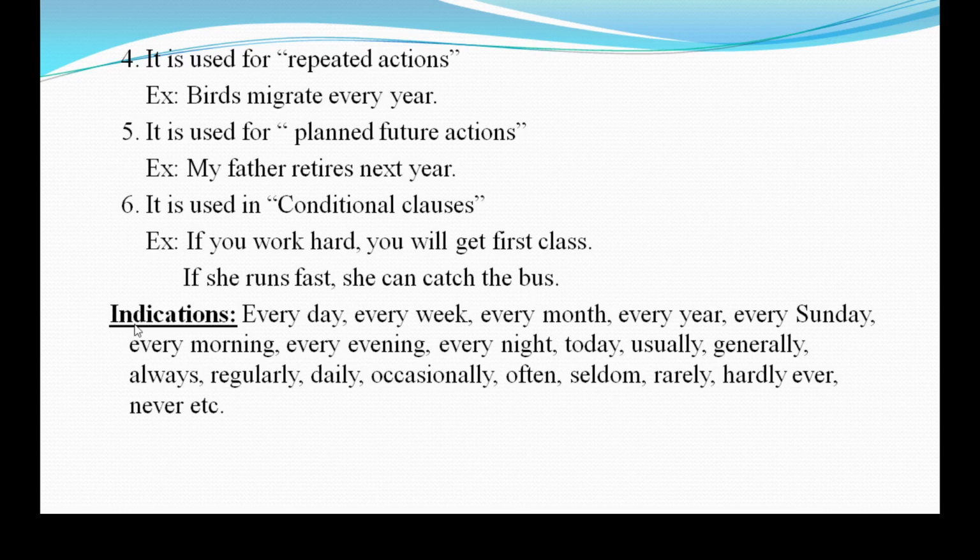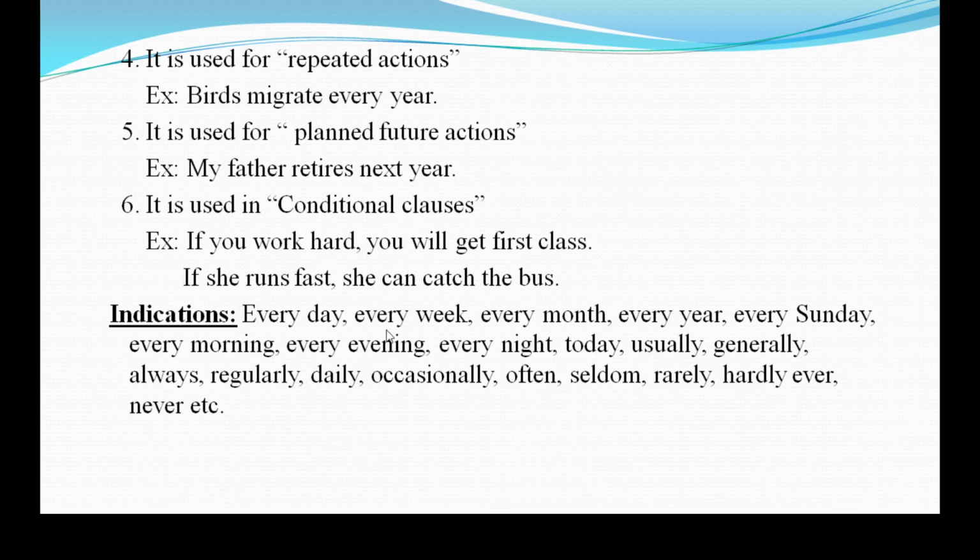Indications. The key indications to find out whether a sentence is in the simple present tense or in some other tense. We need to know by looking at these keywords.